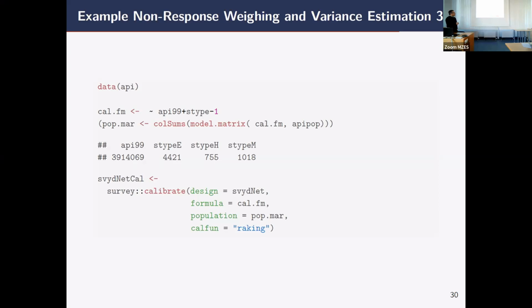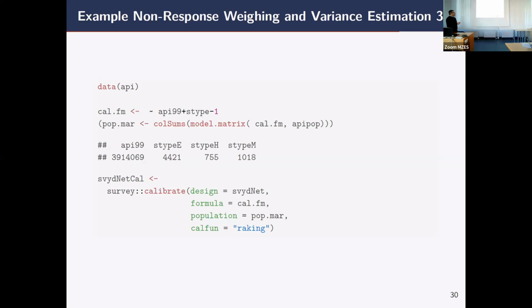So the calibrate function works the following way. You hand it a survey design object, which stores the information on the sampling design and the survey data. Then you define on which variables the calibration should run. Here, this is my cal fm, the calibration formula. And then, of course, I have to supply the population totals that should be replicated, which is here pop marg.